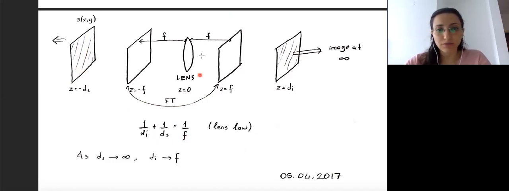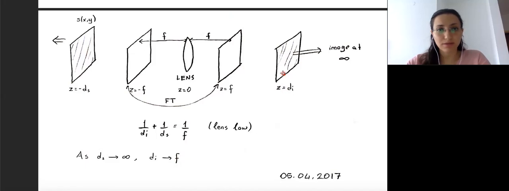So if we consider a lens here, and if this is our source plane at distance d_s from the lens, and if this is our image plane at distance d_i from the lens, that means, for example, if we move d_s to infinity, that means if we move our source very far away from our lens, then our image plane will appear at distance f, or we are going to have the image at the focal distance of the lens.